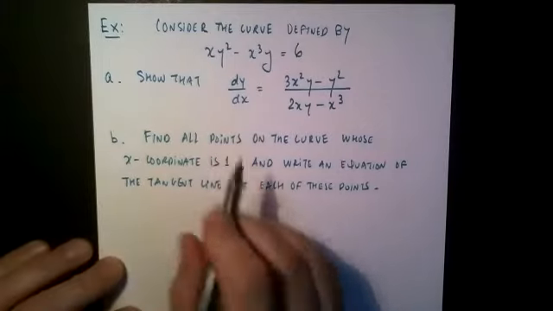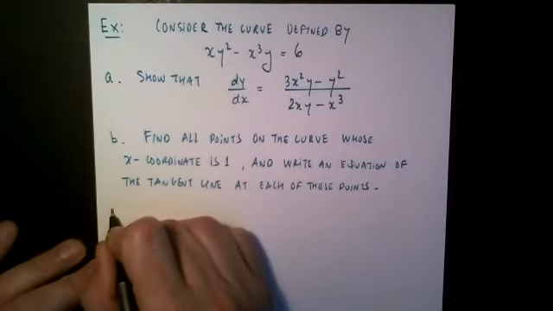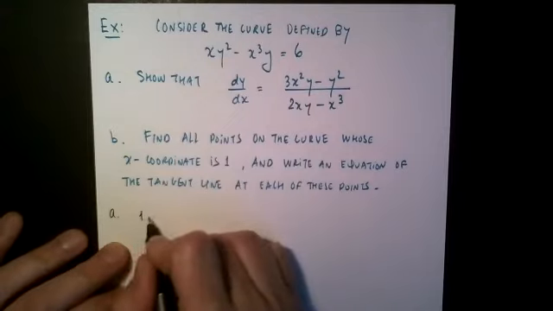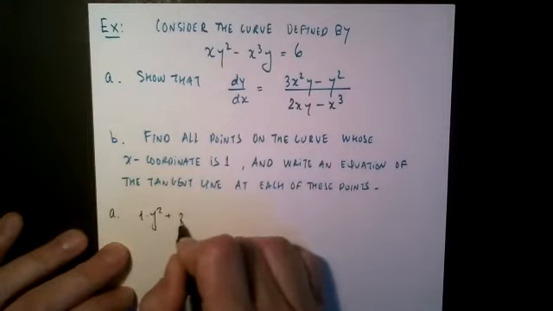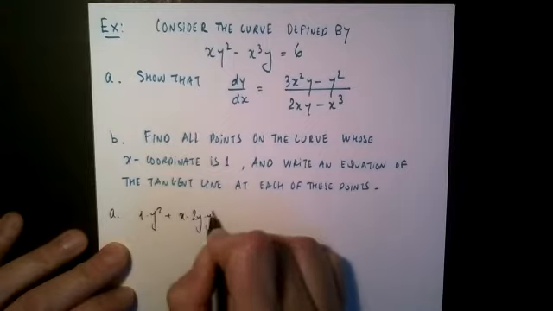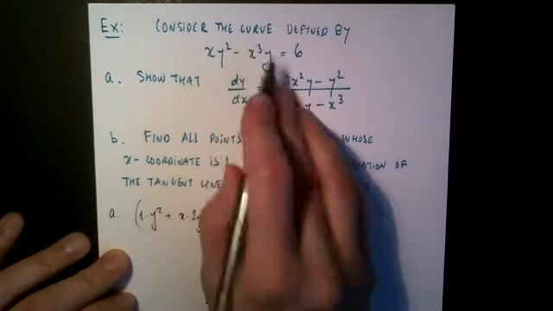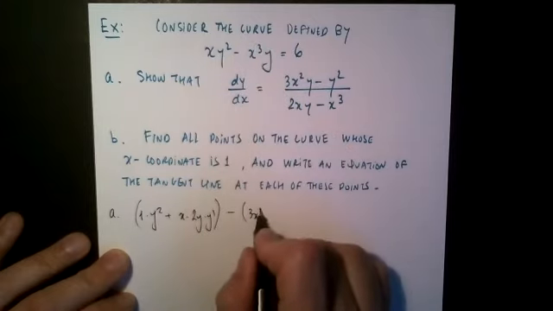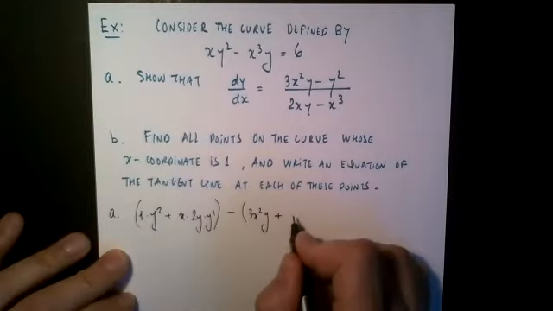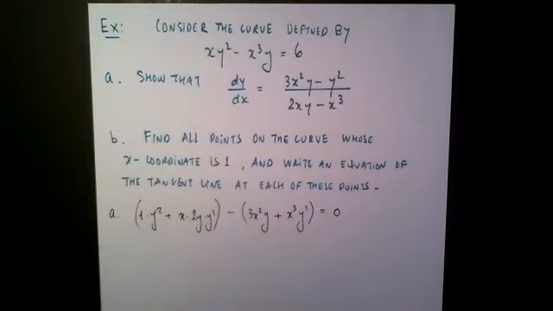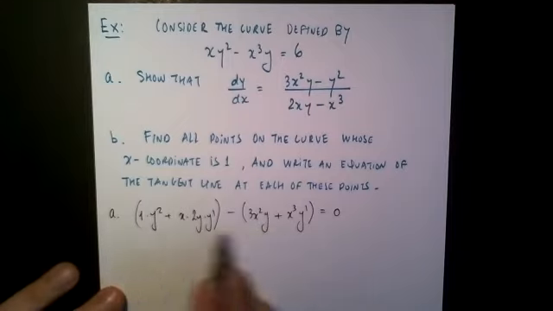Okay, so the first one we do implicitly. So the derivative of xy^2 is 1 times y^2 plus x times 2y y prime. Okay, that's a product rule. Minus the derivative of x^3y, again product rule, so 3x^2y plus x^3y prime equals 0. Okay, so again, I'm going to isolate y prime.